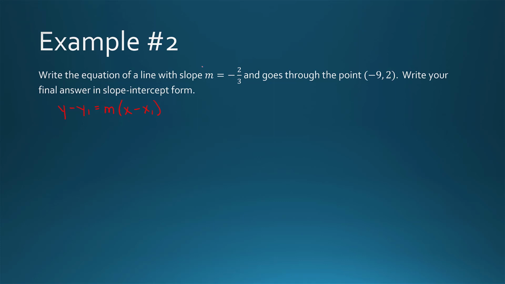Our m is labeled for us, it's the slope right here, and our coordinate point is x1, y1. So we're going to take those three values and plug them in. So y minus, and my y1 value is 2, equals m, the slope, negative 2/3, and then x minus, my x value is negative 9.